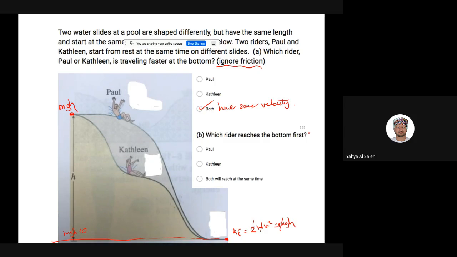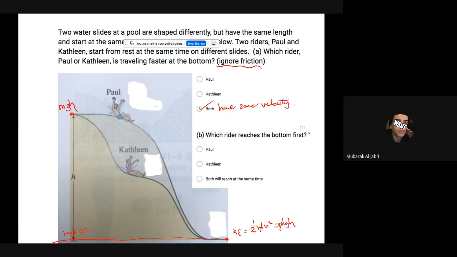So first thing first, can someone who chose Paul tell me why Paul? No? Okay, can someone who chose Kathleen tell me why Kathleen?